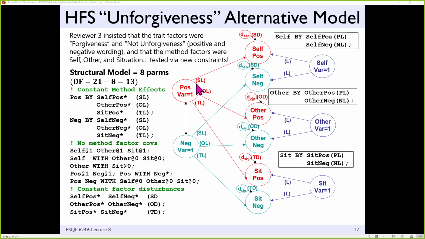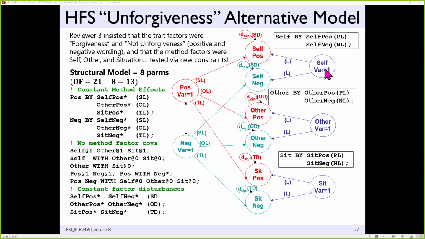And then I have a correlation between these two because the extent to which you demonstrate forgiveness and unforgiveness is probably going to be related. A negative correlation, as we would expect, if you didn't reverse code. If you did reverse code, then it would be a positive one. And then the method factors are over here. Now they are uncorrelated because what they have in common is just the way we ask the question about forgiveness.